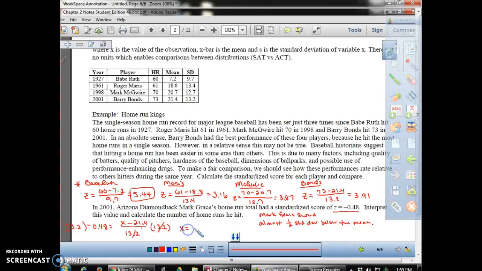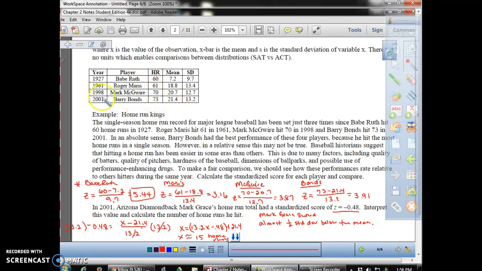So x is going to actually be 13.2 times negative 0.48, and then you get that value. Basically, that's the number of standard deviations he was below the mean, and then add 21.4. When I do that, I get roughly 15.064. So we're going to go with 15 home runs because you can't have anything but whole numbers. So 15 home runs.